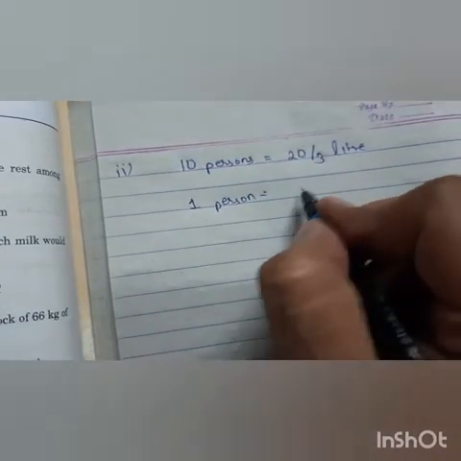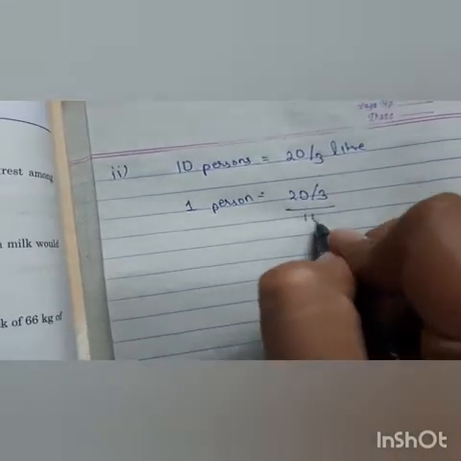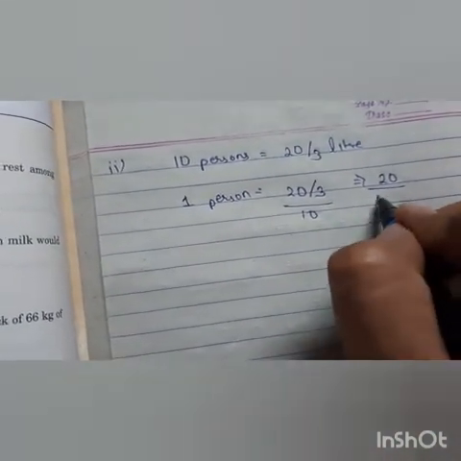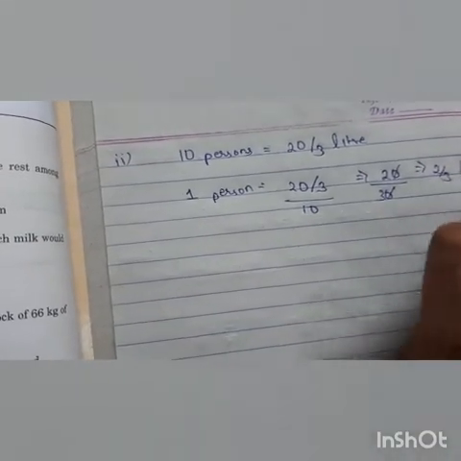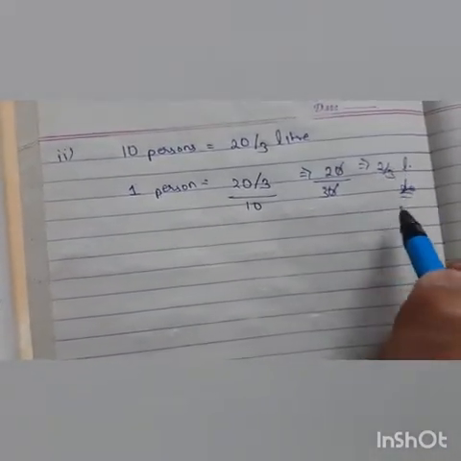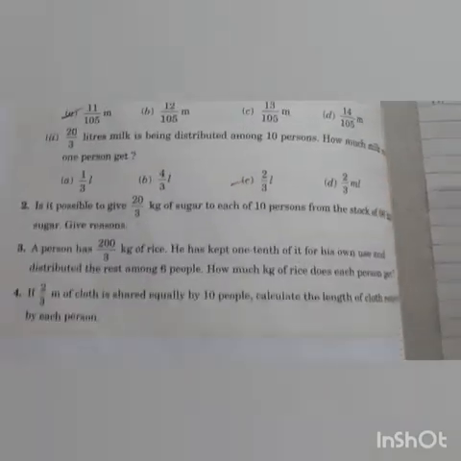So what we will do? Simple, 20 upon 3 divided by 10. That means 20 upon 3 into 10, which is 30. Zero cut, 2 by 3 liter. Very simple question. This is your final answer, 2 upon 3 liter. That means your option number C.